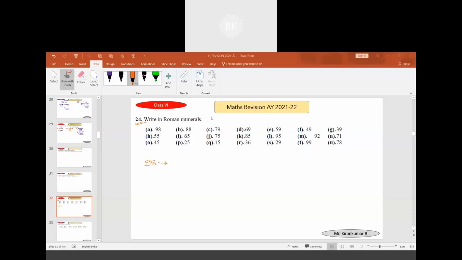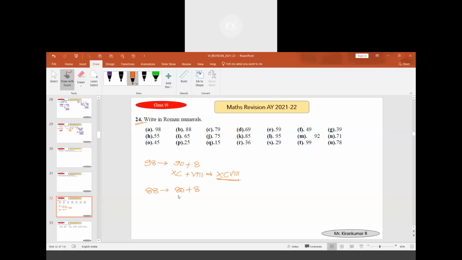XC is 90 and VIII is 8, so it is a combination. Likewise, we can write 88 as 80 plus 8.